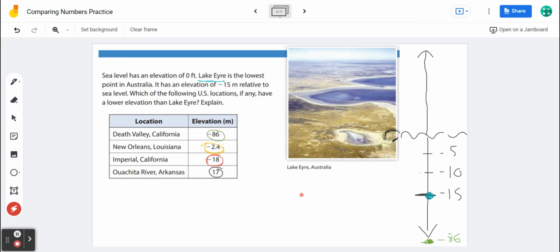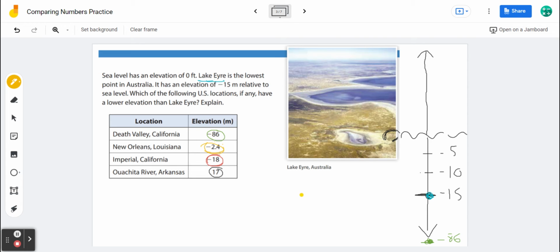Then we do the same thing 3 more times. New Orleans, Louisiana. That elevation is negative 2.4 meters. So this is sea level. New Orleans, Louisiana is negative 2.4. Negative 2.4 is about half of 5 because 2.5 is half of 5.